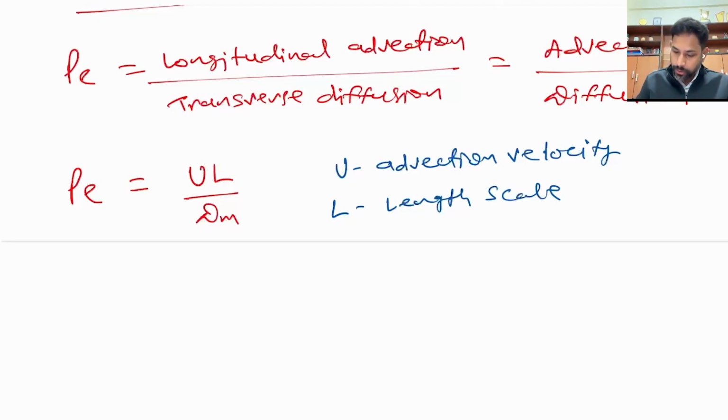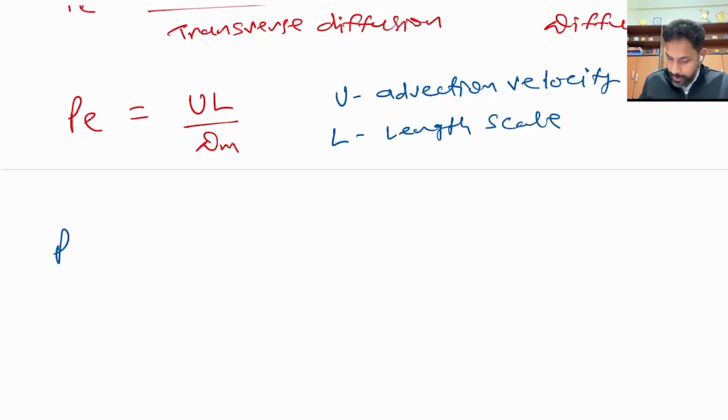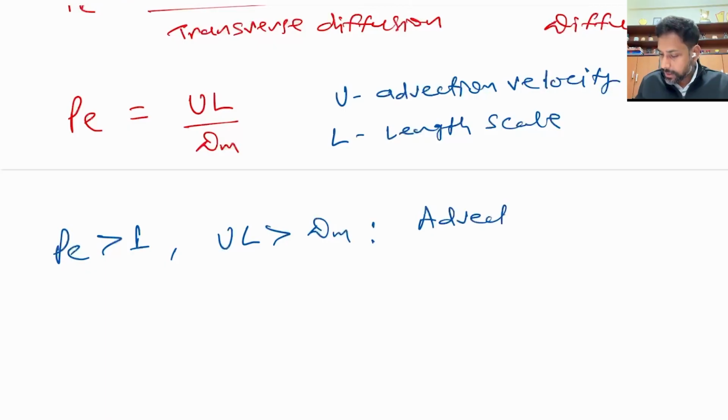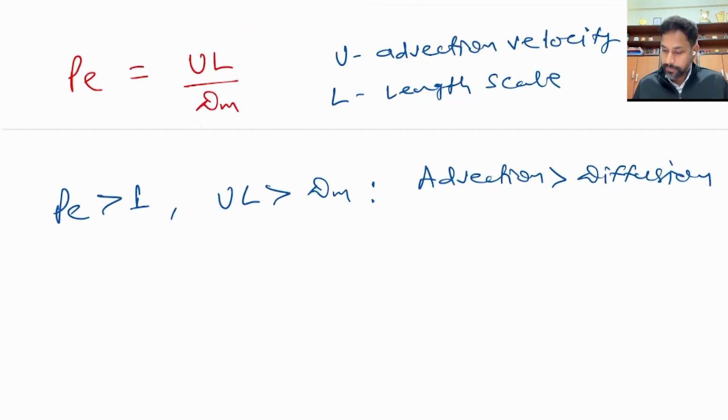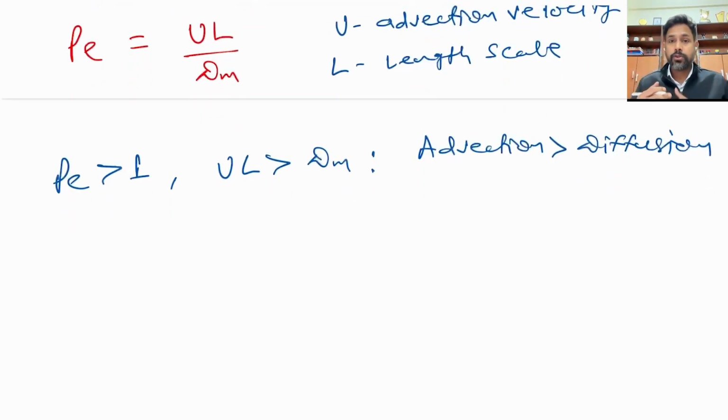Okay, so if Peclet number is greater than 1, that means your UL is greater than DM. In this case, advection is greater than diffusion. So your flow is actually dominated by advection, or the whole mixing process is dominated by advection. And if Peclet number is smaller than 1, then your UL is smaller than DM.